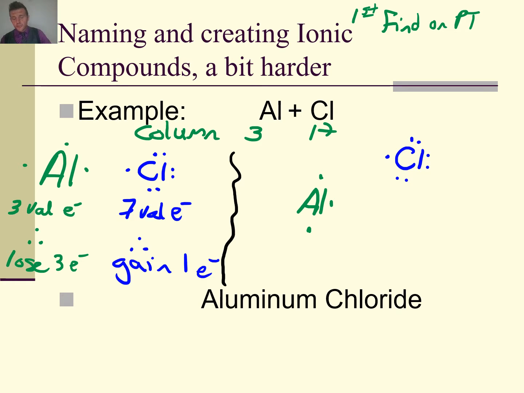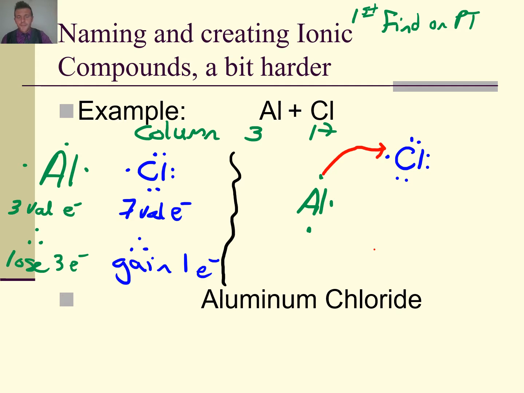Aluminum wants to give electrons away, and chlorine wants to gain them. Chlorine can only take 1. So what's going to happen is chlorine is going to accept that 1. Aluminum still needs to lose 2 more electrons.